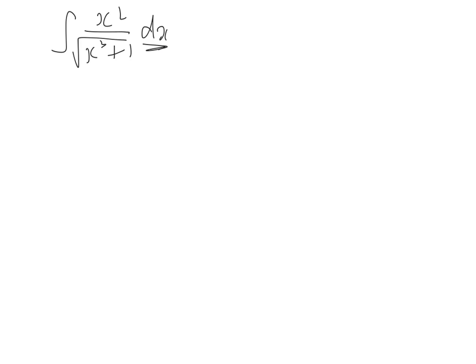So I'm going to say y equals the square root of x cubed plus 1, and from there I know it's a square root function, so I'm going to have to use the chain rule. So u equals x cubed plus 1.